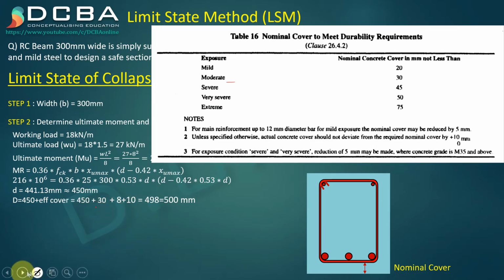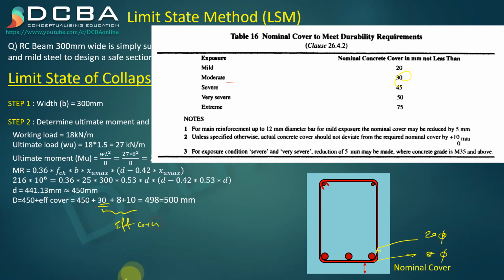So I am taking my cover to be 30 mm, nominal cover, as given here. Along with that, let us say I am taking a stirrup of 8 mm and I am assuming my steel is of 20 mm diameter. So nominal cover plus stirrup 8 plus half of the steel diameter will give you your effective cover.